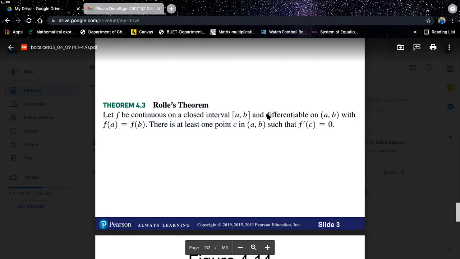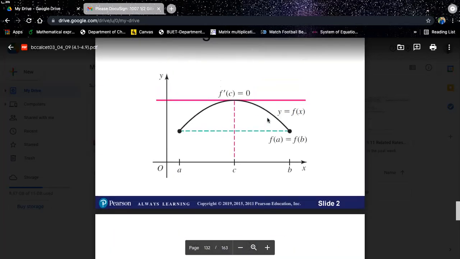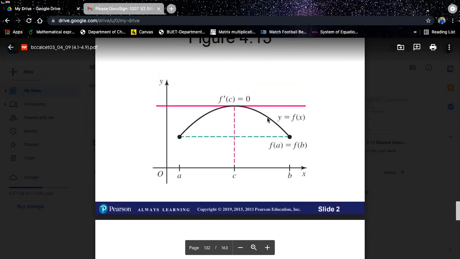Now, what does that mean? Let's see the graph. So this is your function. And on this interval A and B, you could see your functional values are equal, right? It's f of A, it's f of B, and this dashed line actually gives us an idea that these values are equal.